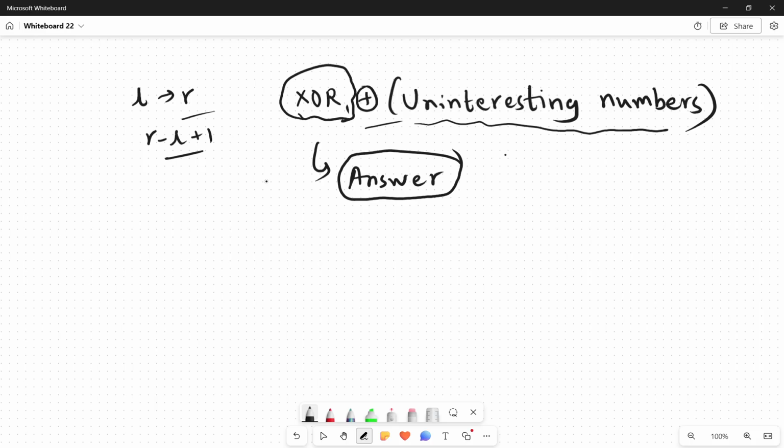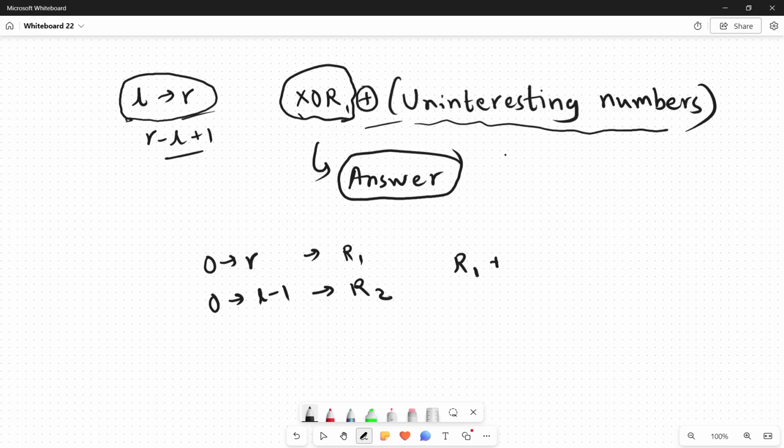First of all, let's take a look at how we can calculate the XOR of all the elements from L to R. What I can do is calculate the XOR of all the elements from 0 to R, and the XOR of all the elements from 0 to L minus 1. Suppose this is result 1 and this is result 2. If I do result 1 XOR result 2, then this should give me XOR 1, right?